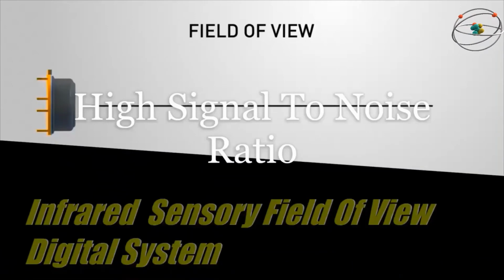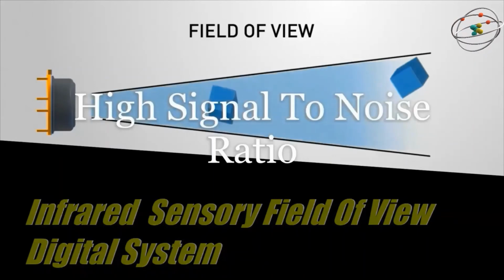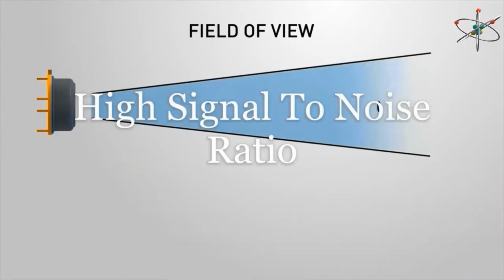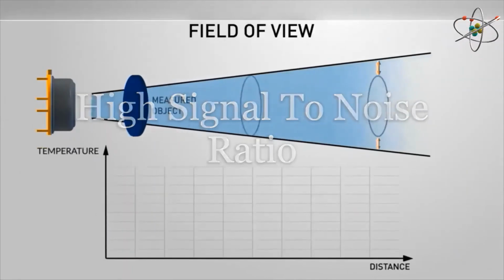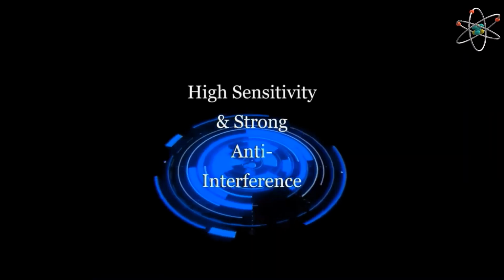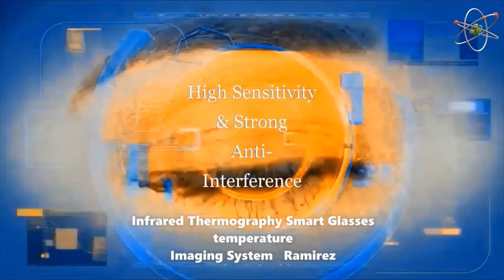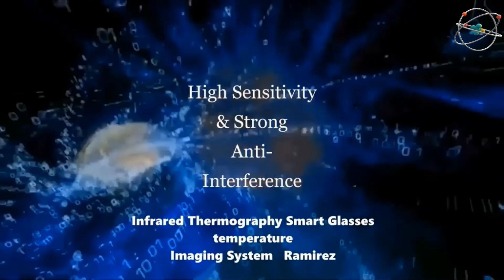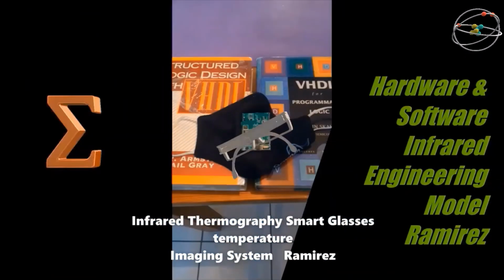That is, the thermometer working at the short wave has a relatively high signal-to-noise ratio. That is high sensitivity and strong anti-interference. The intensity of the infrared radiation emitted by objects is mainly a function of their temperature.